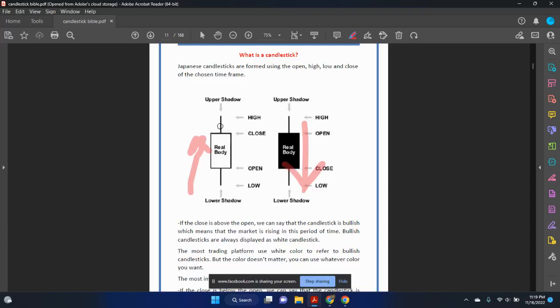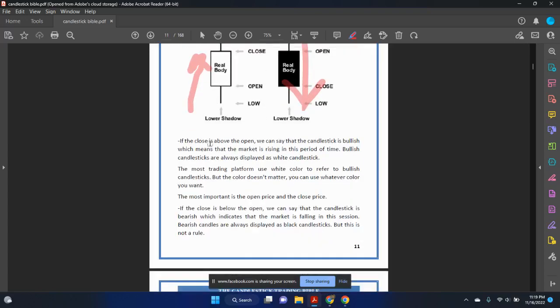It did get all the way up to this high, but it closed here. Some of the sellers pushed that back down. Then we have the seller. It opened here and went down and closed here. It did come all the way down here, but when that candle closed, it closed out right here.